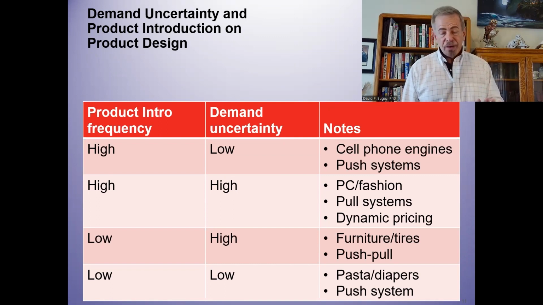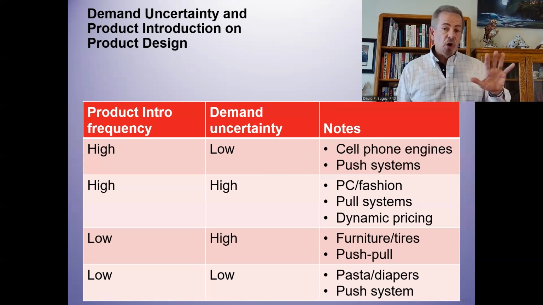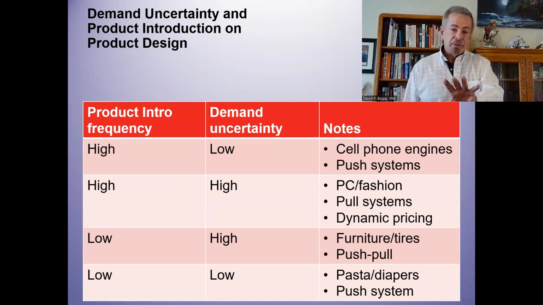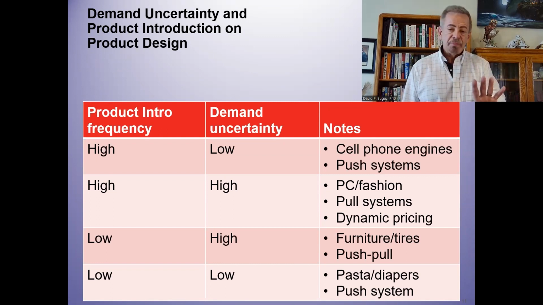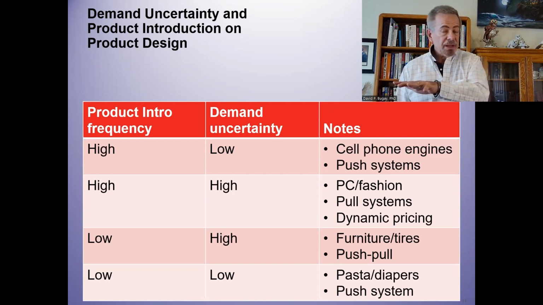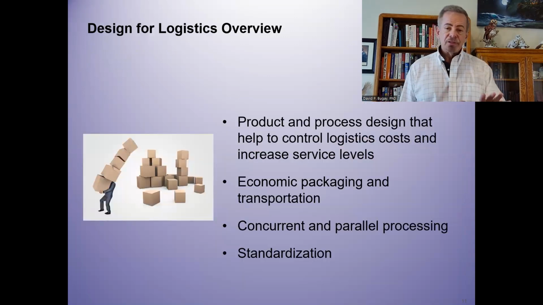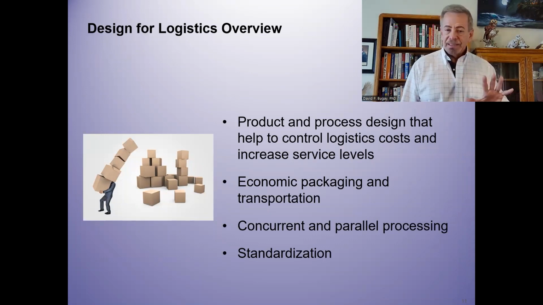If you don't know the market, if truly your forecast is a shot in the dark, if you're dealing especially with what we call the blue ocean strategy, it's not in your textbook, by the way, but if you take one of the management courses in Entrepreneurship 211, we talk a lot about the different types of strategies, and the blue ocean is one of them. So it depends what you're out for, but if it's got a low demand uncertainty, then it's just kind of going along. It depends if it's innovative or actually part of your functional. So pay attention to the overview of the design itself.